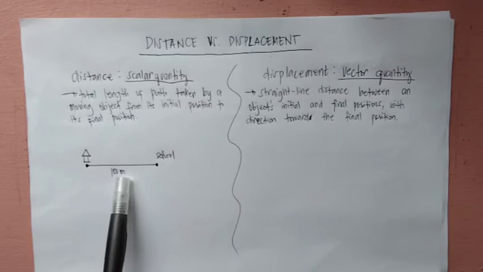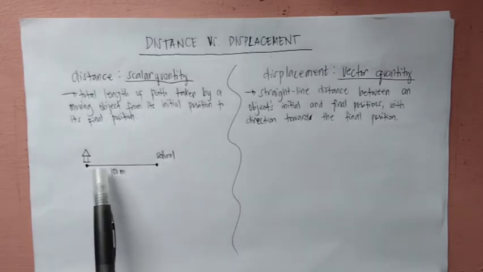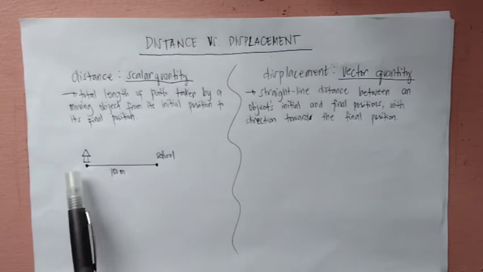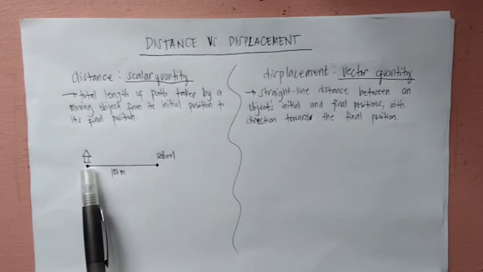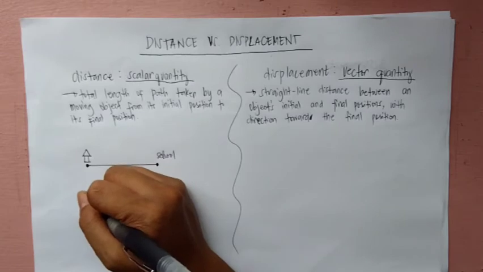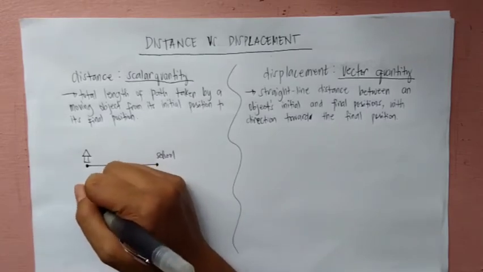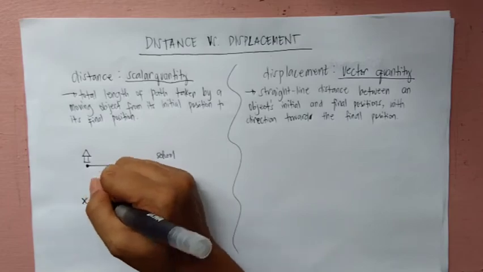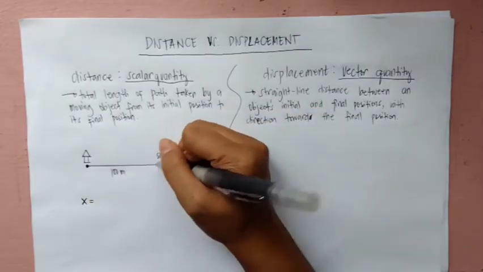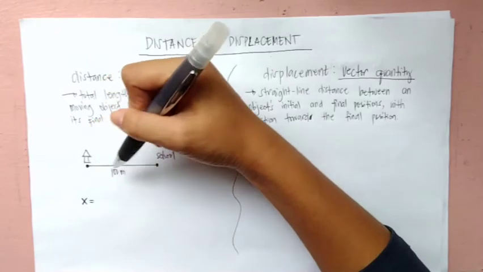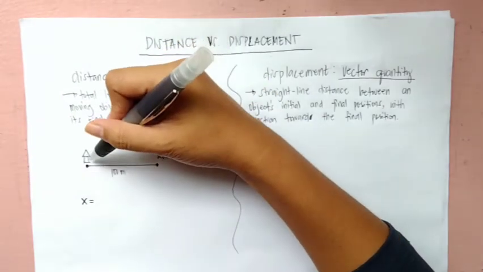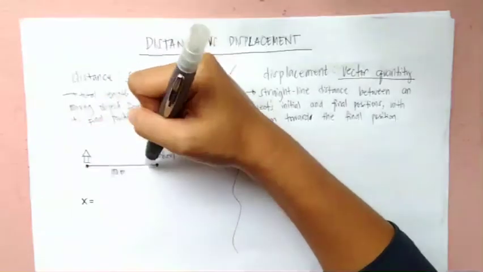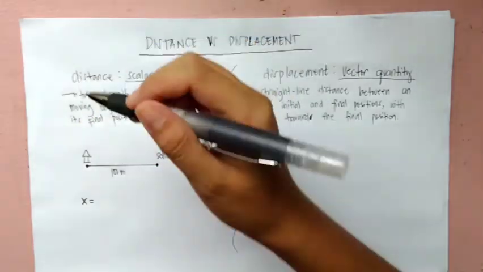But if the student goes back, so let's say he goes from his house to school, and then from school back to his house, that is another story. You can form an equation for distance: from here to here is 100 meters. Since he goes back to his house, he takes another 100 meters.